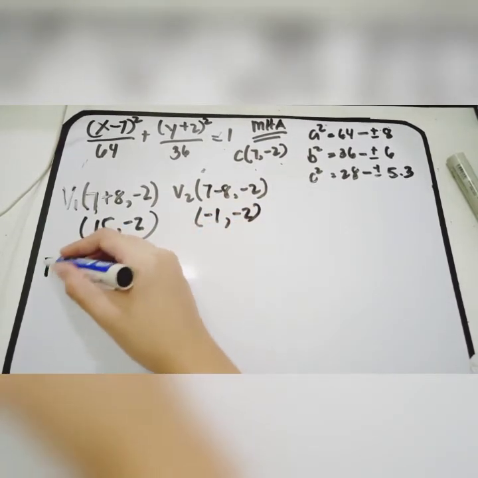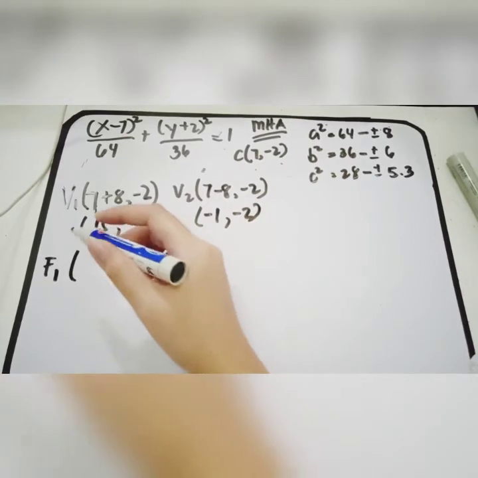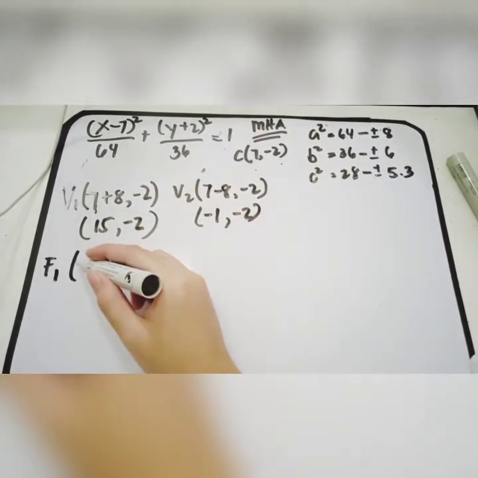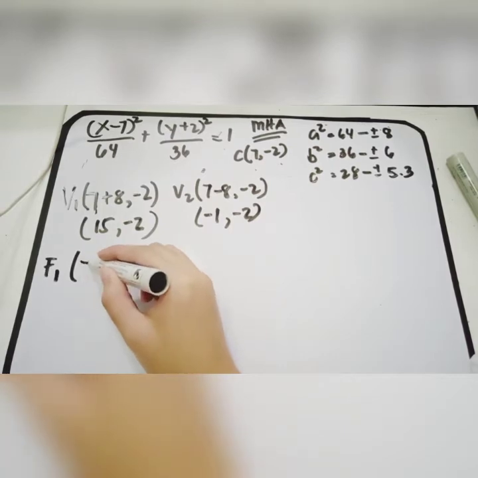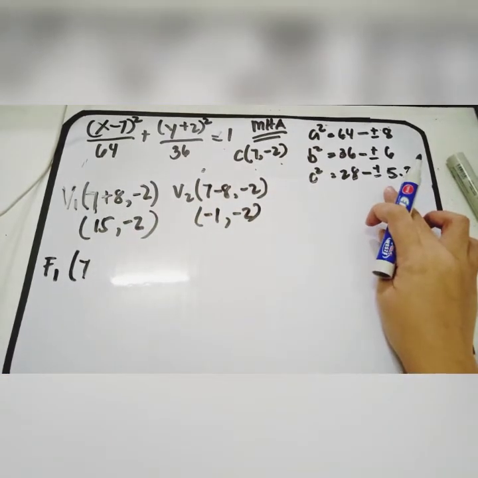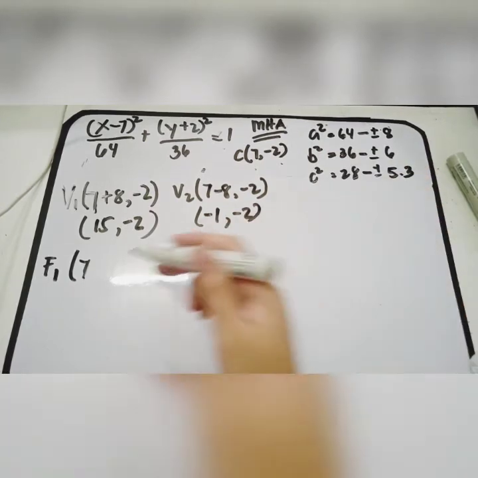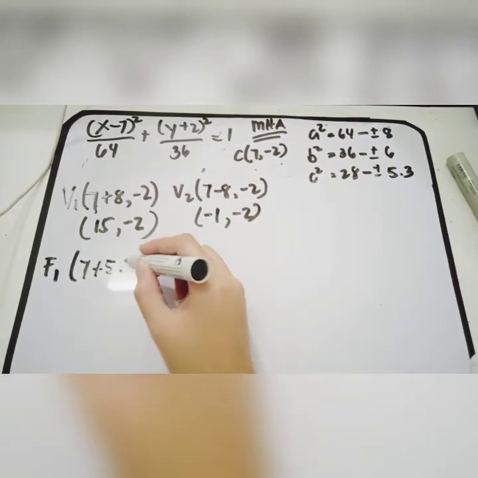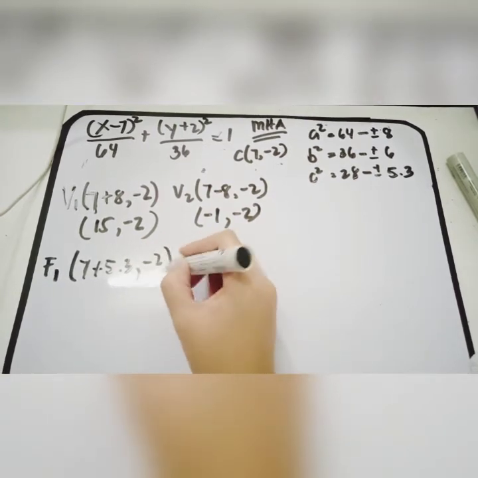Okay? For focus 1, ibang focus natin si C. So, 7. What is the value of C? It's positive, negative, 5.3. So, plus 5.3, comma, negative 2.